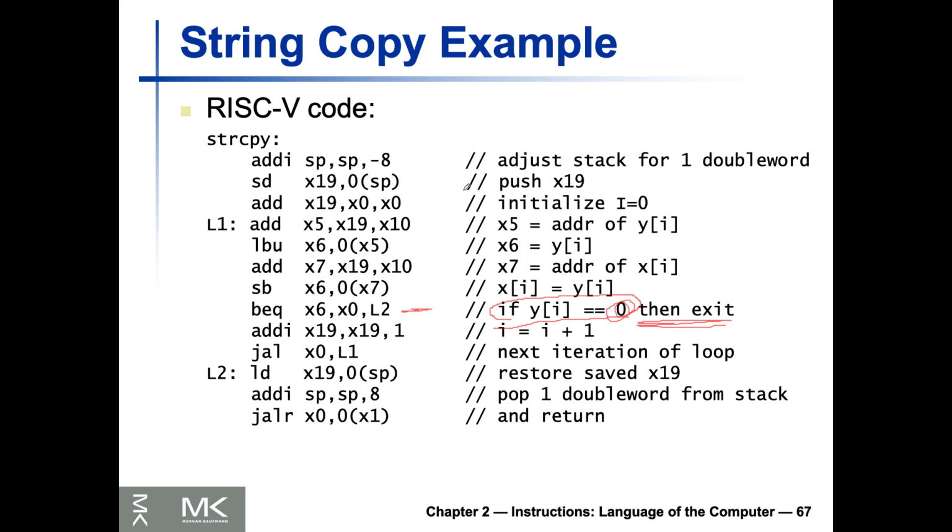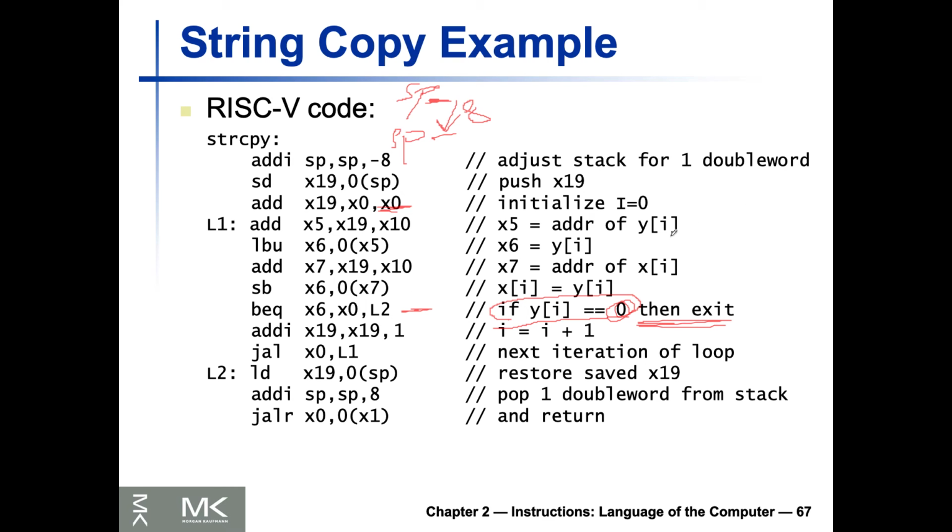So again, we are pushing x19. We have to adjust the stack for one double word. Each double word is 8 in address, so it's -8. So your SP goes down to here. You initialize your i as 0, and you start your L1.